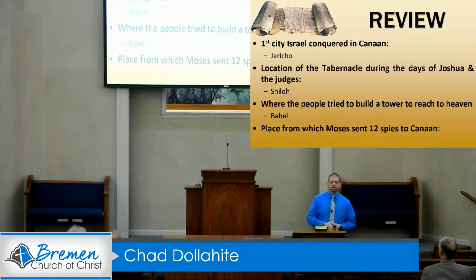Place from which Moses sent the 12 spies to Canaan, Kadesh Barnea. There's actually two possible names. Kadesh Barnea is the more exact location. There's a more general reference to a wilderness area called the wilderness of Paran.